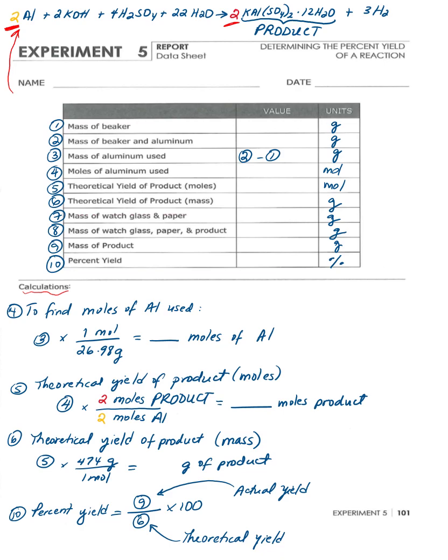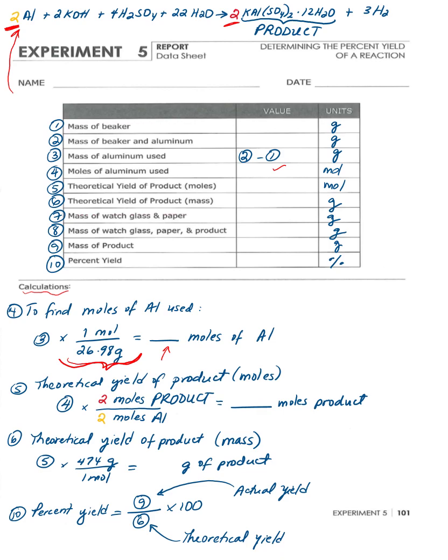You have to divide by the molar mass of aluminum, which is 26.98 grams in every mole. So your number 3 is in grams, which means the unit grams is canceling out, and what you're getting right there is the moles of aluminum, which is the number that you need to put right there in number 4.